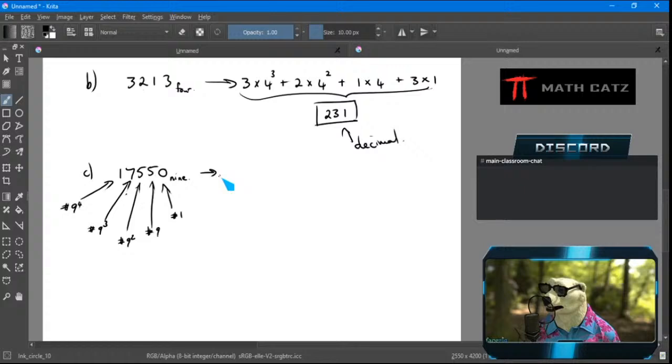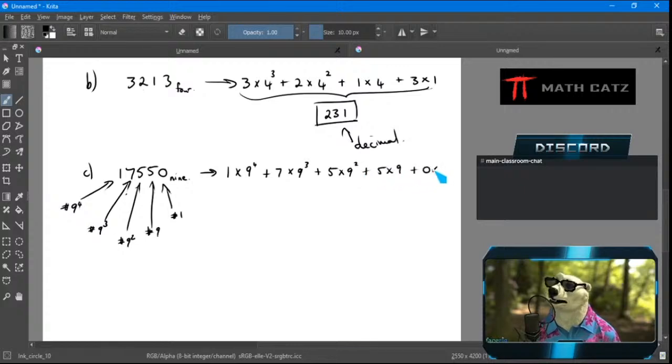So this one's a little bit bigger. 1 times 9 to the 4 plus 7 times 9 cubed plus 5 times 9 squared plus 5 times 9.